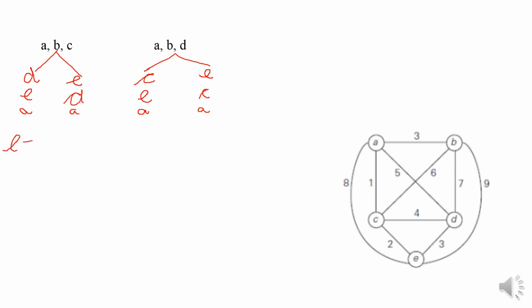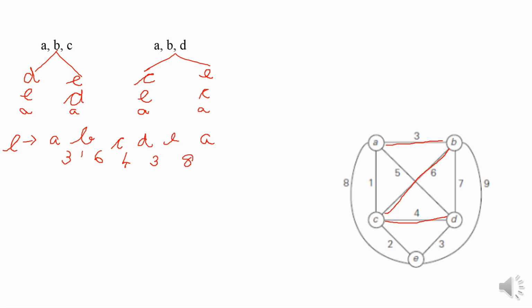So when considering L, for the order of visiting the vertices, that is A, B, C, D, E and ending with the city A. So AB, the length of AB is 3, then BC, so B to C edge is 6, C to D, that is 4, D to E, that is 3 and E to A, that is 8.